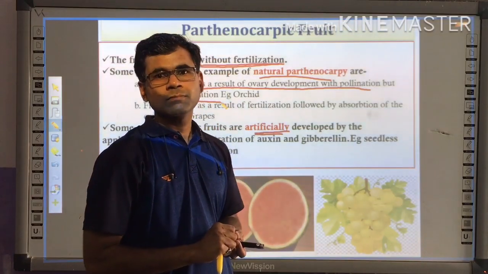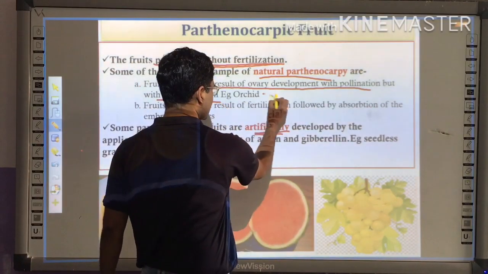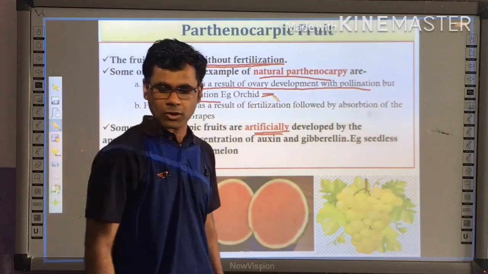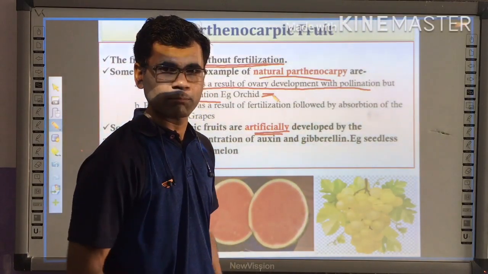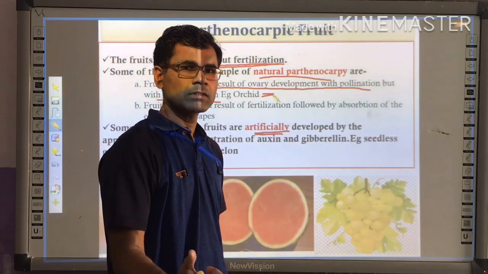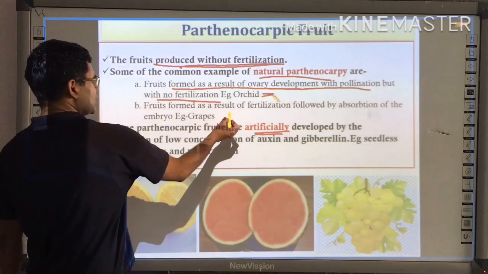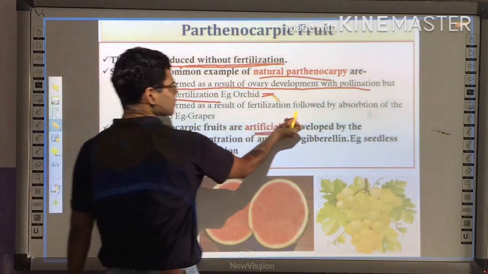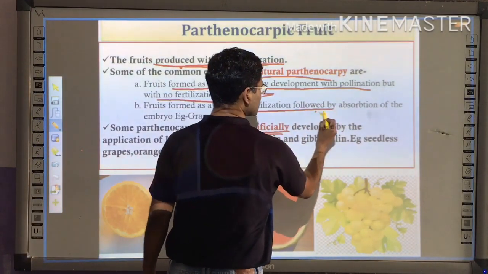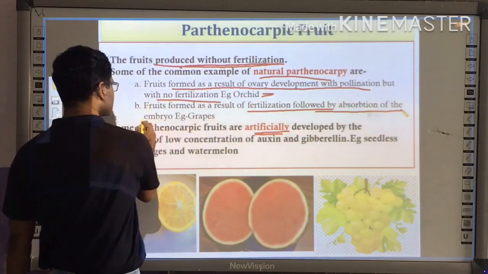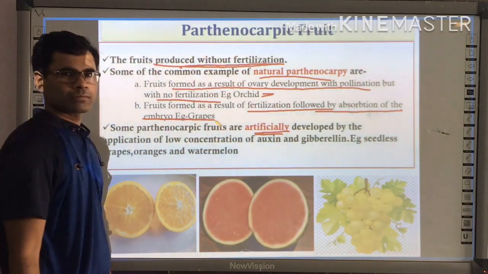The best example is orchids. In orchids, fruit develops like that only. Pollination is important, but fertilization is not. Second one, the fruit formed as a result of fertilization followed by absorption of the embryo.